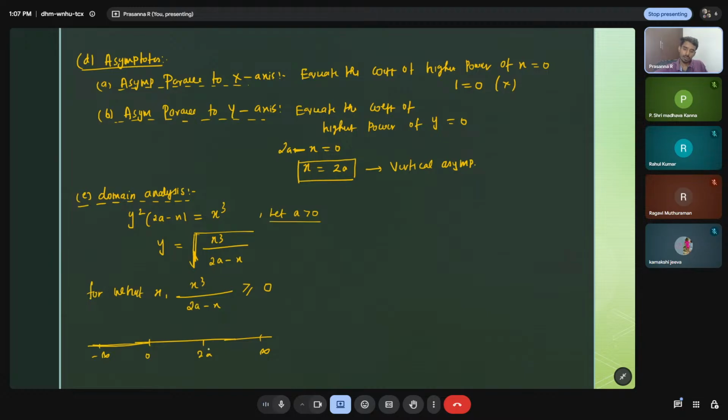If a is positive and if x is greater than 2a, the denominator will be negative, and the numerator will be positive. So 2a minus a number that is greater than 2a will be negative.